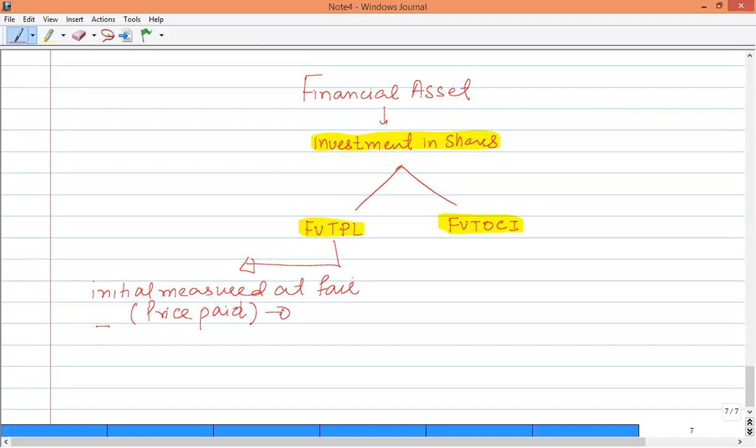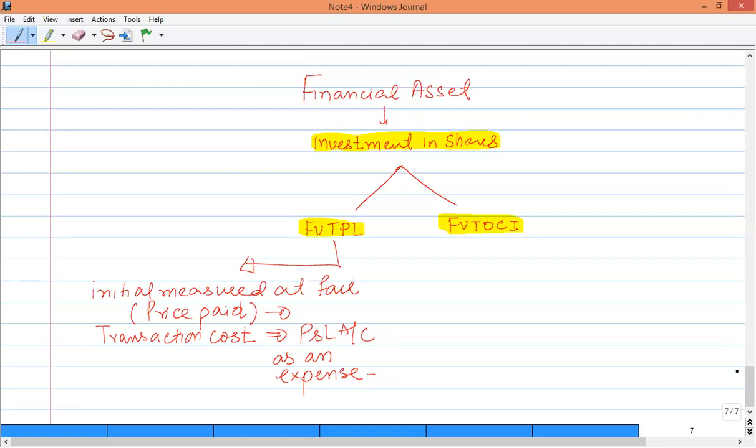If there is any transaction cost incurred on the acquisition of shares, the accounting treatment of that transaction cost is to charge it in the profit and loss account as an expense. Remember that transaction cost will not be recognized as an asset. It is not to be added into the cost of the investment.